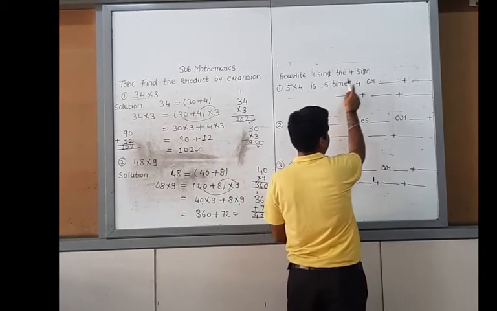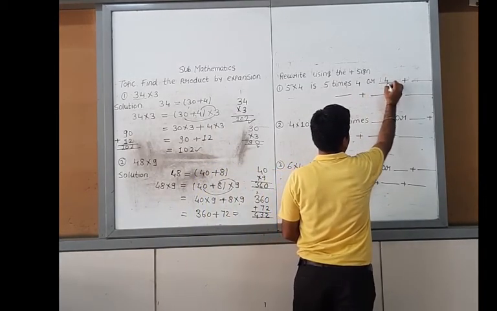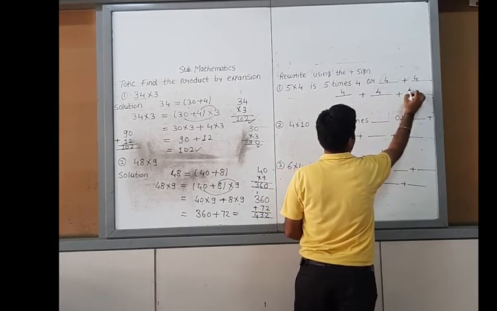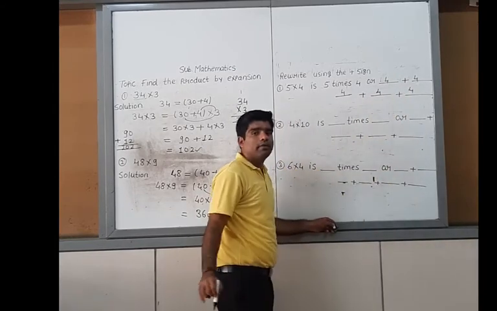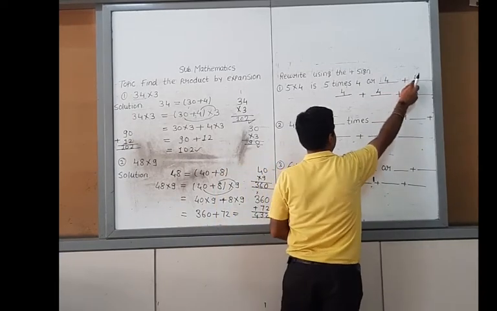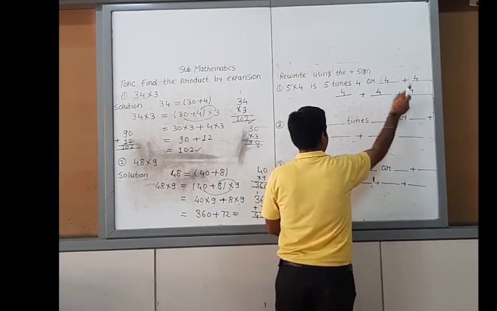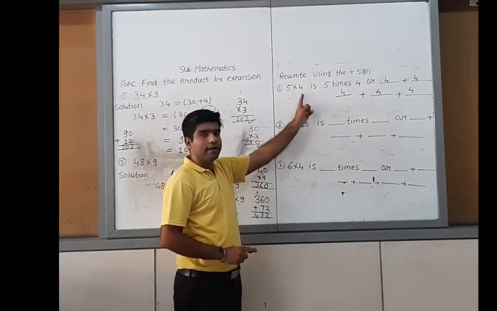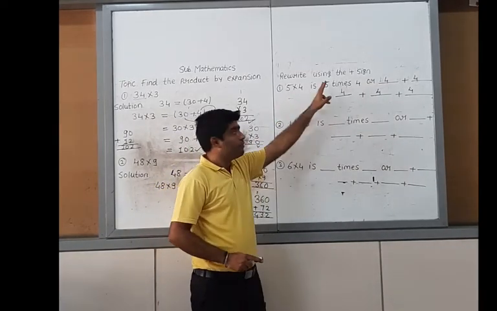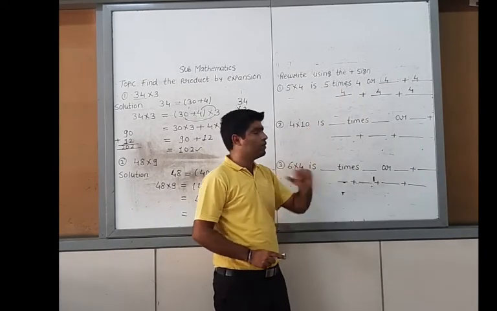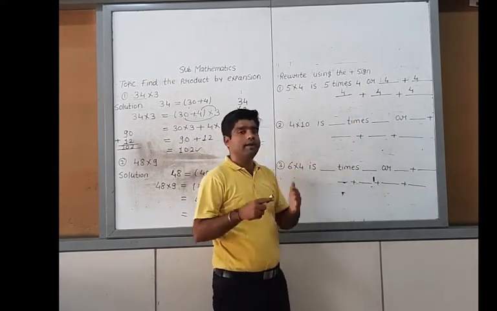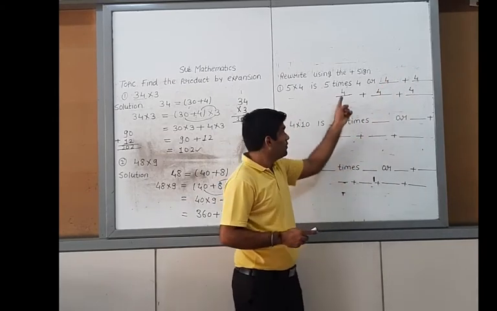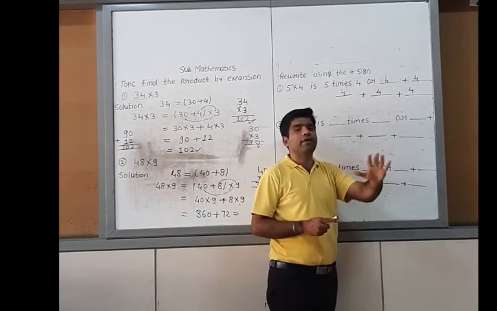This is our 4, 4, 4, 4 and 4. Now count the total number of 4s: 1, 2, 3, 4 and 5. So 5 multiplied by 4 means we have to write down the 4, 4, 4, 4, 4 in 5 times.